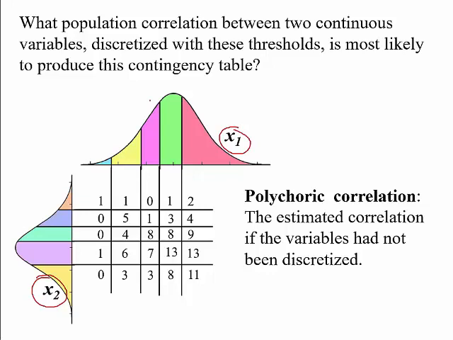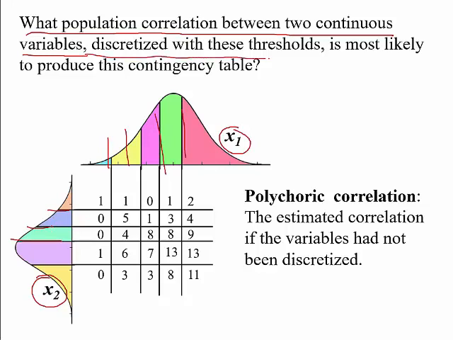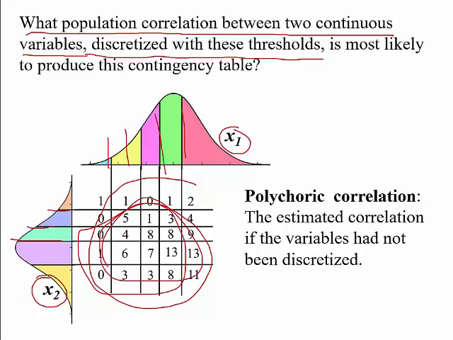For the polychoric correlation, I'm going to estimate what population correlation between 2 continuous variables, when discretized at these particular thresholds that I've estimated right here, is most likely to reproduce this particular contingency table.